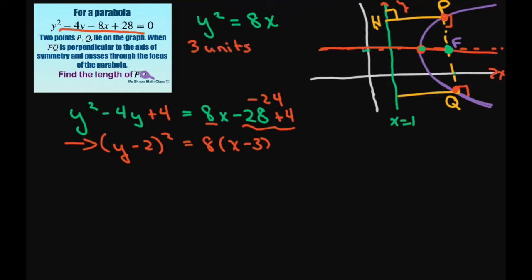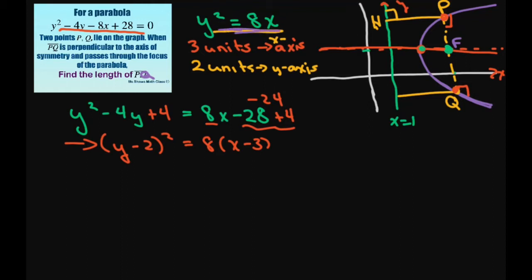translated along the x-axis and 2 units along the y-axis. This is the x-axis. All right. So basically, for this one, let's find our p.